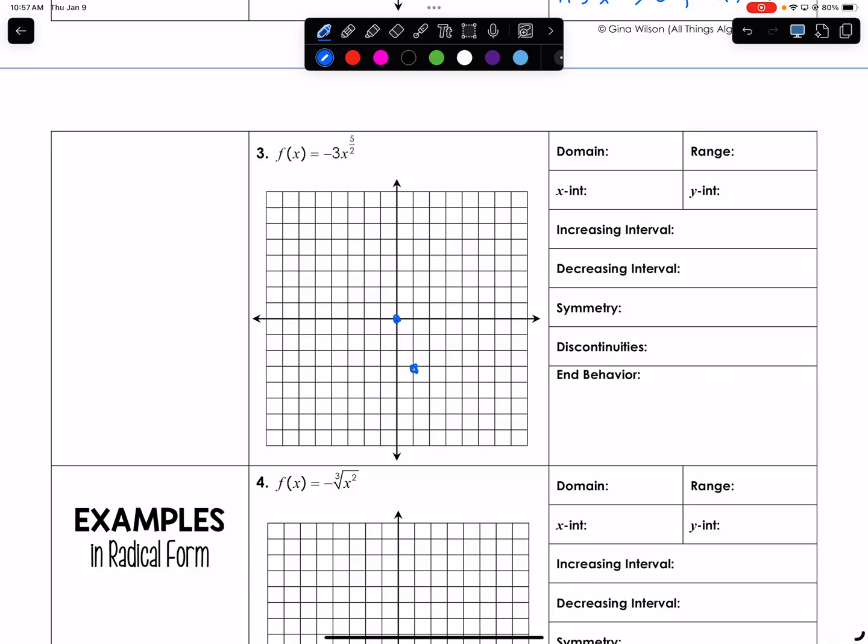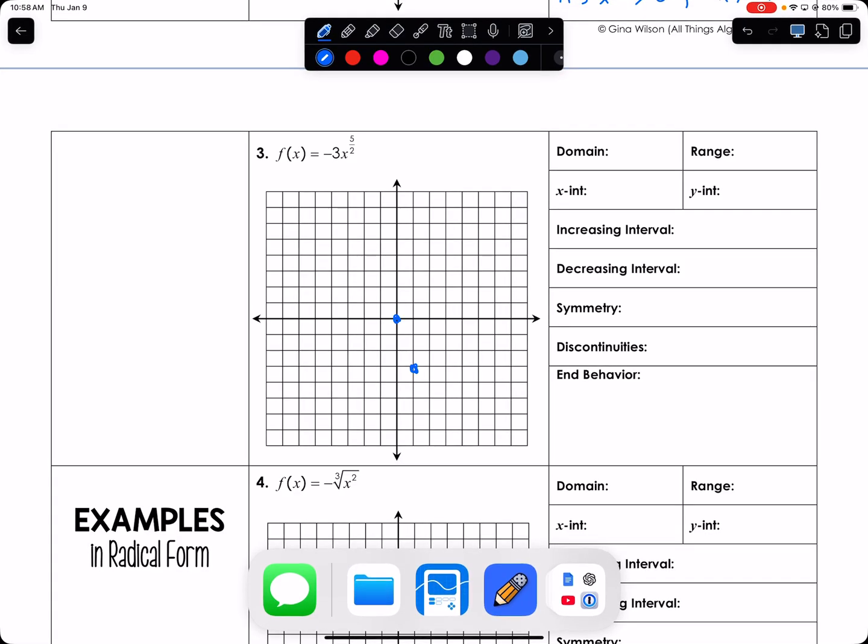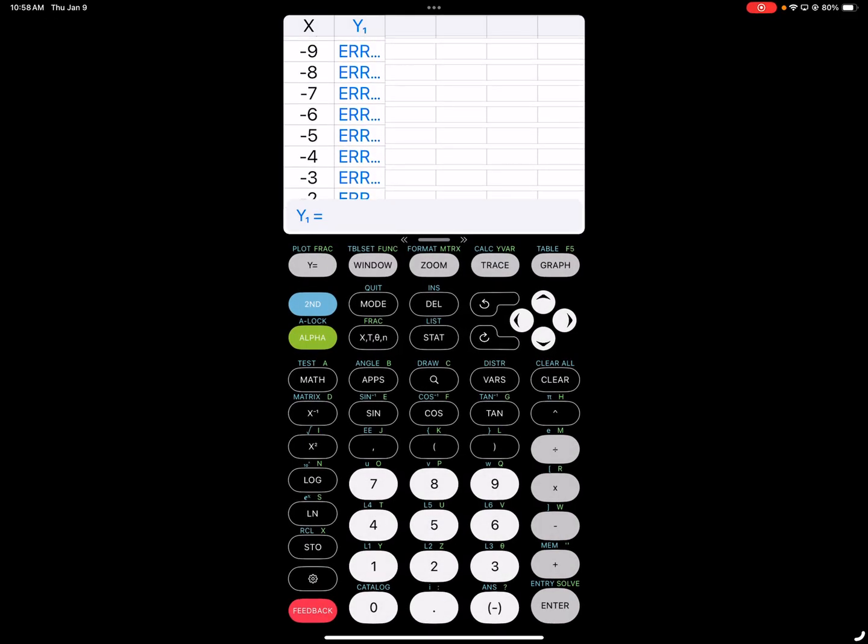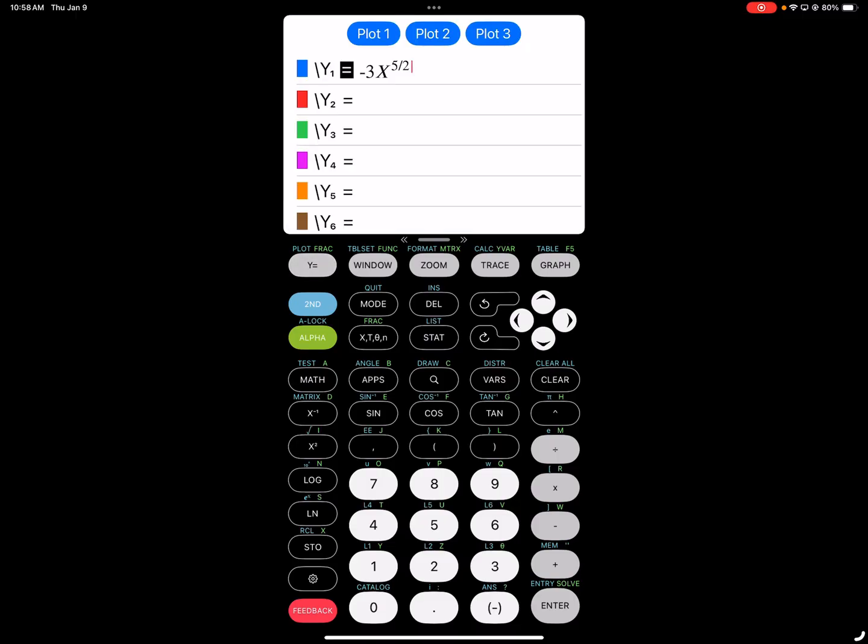And then we want to see where it goes off the graph. So what are the y values where it goes off? What's the lowest y value on this graph? Negative 8. So you want to look at your table at negative 8 and see what that number is. Negative 8 for y, not x. So, does that make sense?